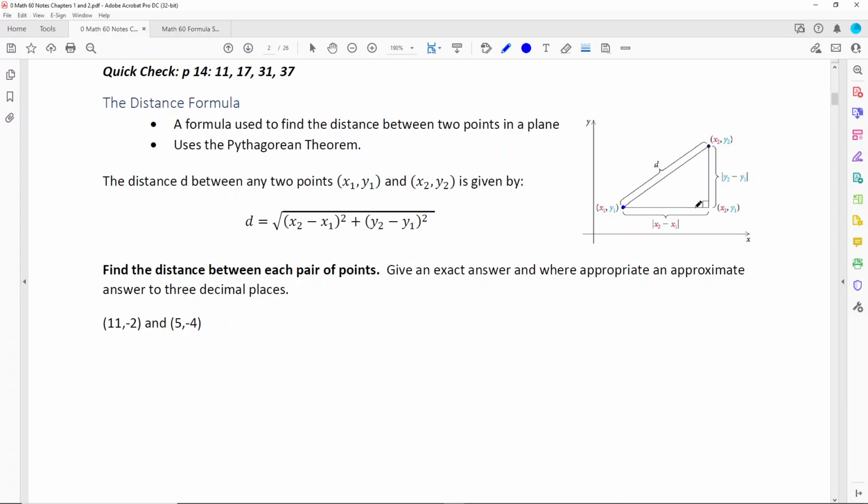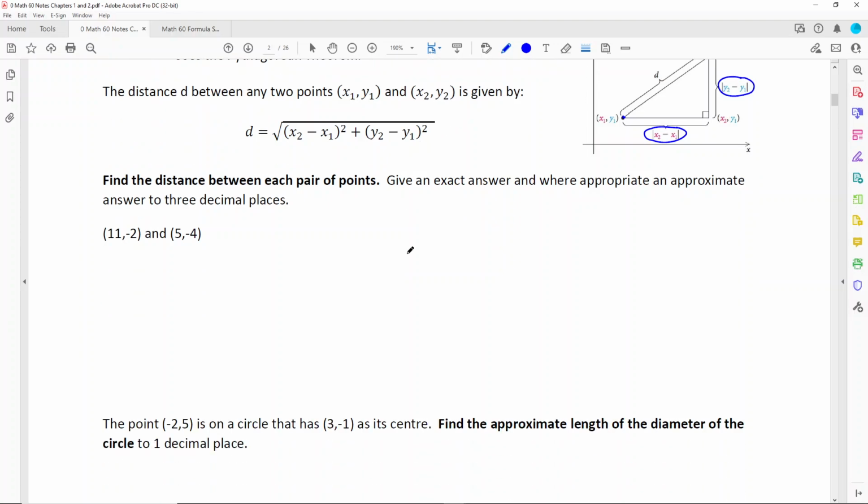The length of this leg is the difference in the x values, and the length of this leg is the difference in the y values. So with the Pythagorean theorem, d squared equals this side squared plus this side squared, so x2 minus x1 all squared plus y2 minus y1 all squared. Then to get d by itself, we just take the square root. So you're just going to be using this formula to find the distance between pairs of points.